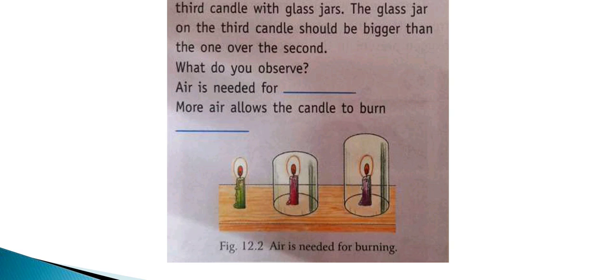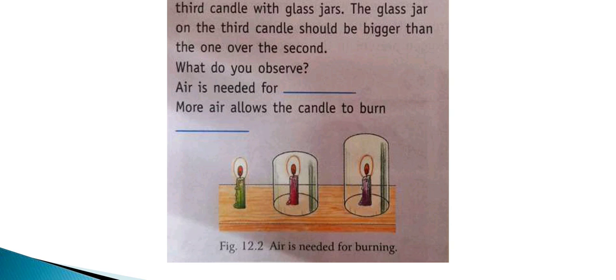We will observe that when the burning candle is covered with a glass jar, then the candle takes the oxygen necessary for burning from the air, meaning the enclosed glass jar. Whatever oxygen is inside the glass is used by this candle for the burning process, since only a small amount of air is present inside the glass jar.